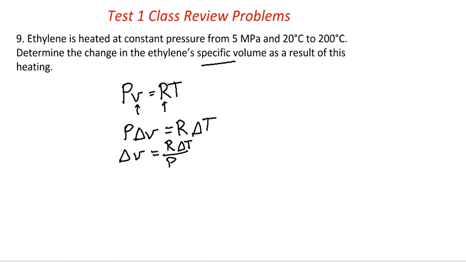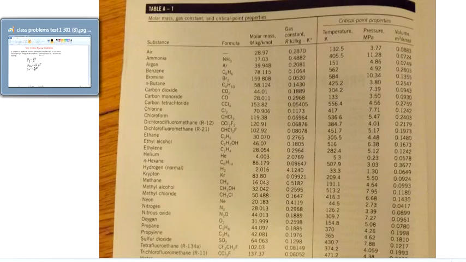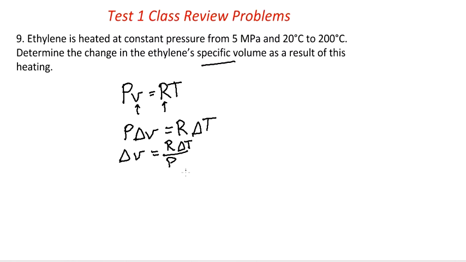Normally the temperature being multiplied by R is given in terms of Kelvin, and in the particular table I'm using here, table A1, the gas constant is given in terms of Kelvin. The good news is that Kelvin and Celsius have a constant difference, so we can write delta T as the temperature in Kelvin 2 minus the temperature in Kelvin 1.